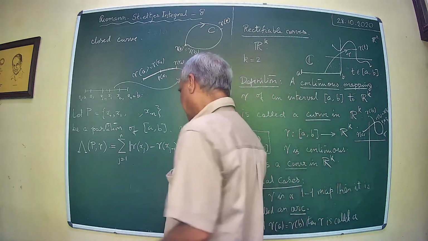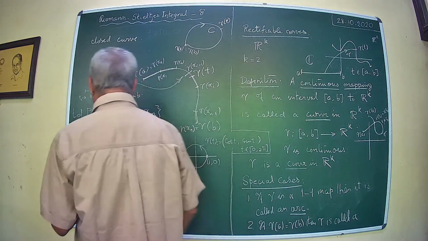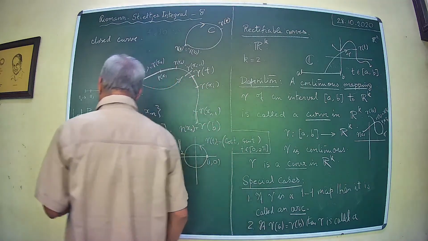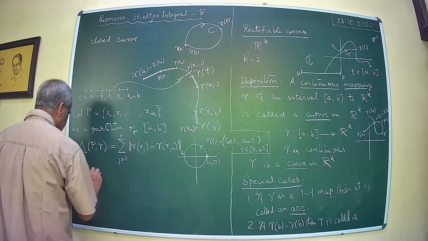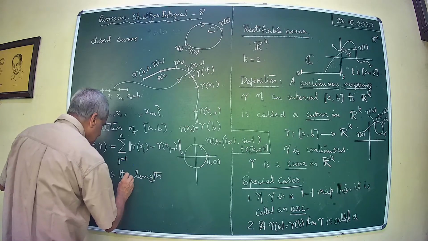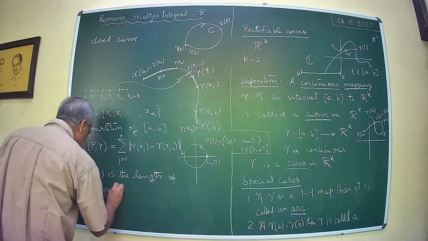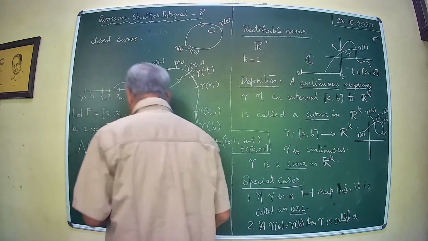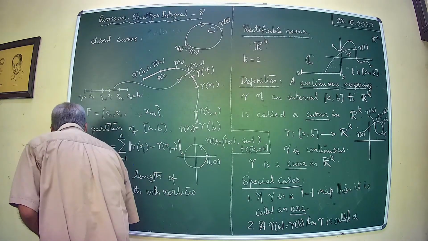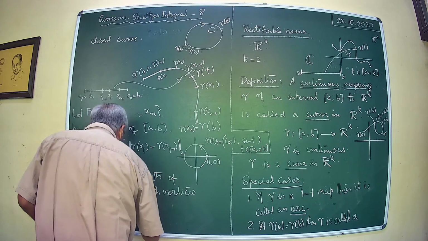This is the straight distance, the L2 distance that you have in R^k. Therefore, lambda of P, gamma is the length of the polygonal path with vertices gamma x0, gamma x1, and so on.